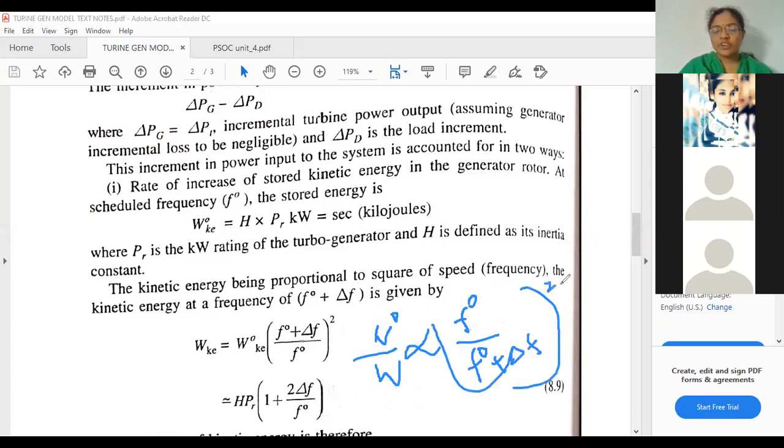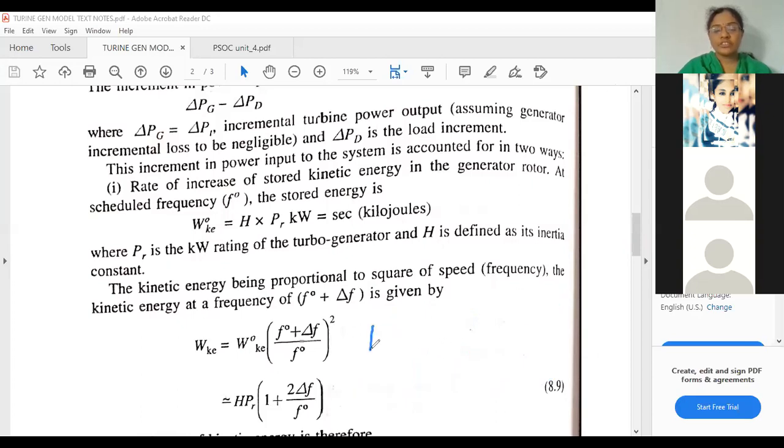What we require here is the change in kinetic energy. So how do we write the change in kinetic energy? Change in kinetic energy is equal to the initial kinetic energy multiplied by the change in frequency divided by the initial frequency whole square. So this is the equation we are getting from this.